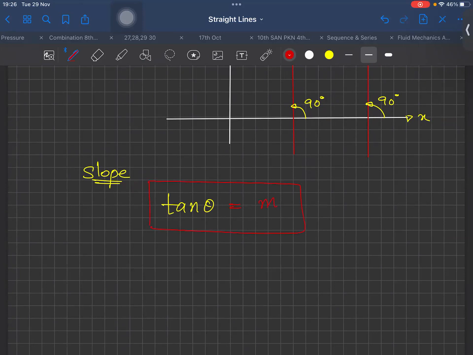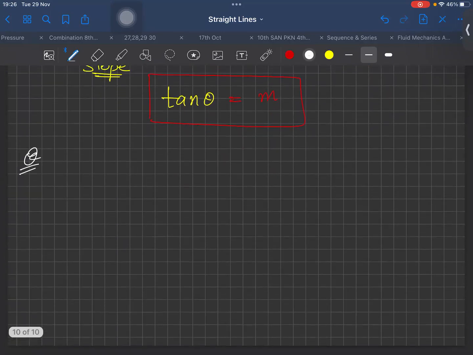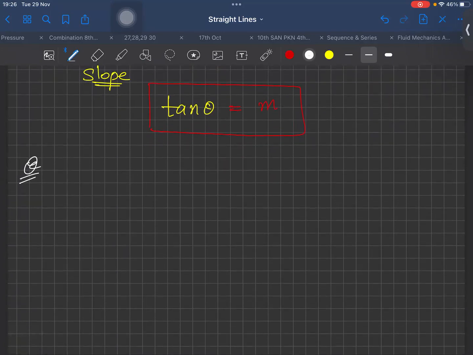Now, we are going to study the equation of a straight line. If you understand it properly, not just partial understanding, I think everything is done. You can't just memorize the equation; you have to understand it.